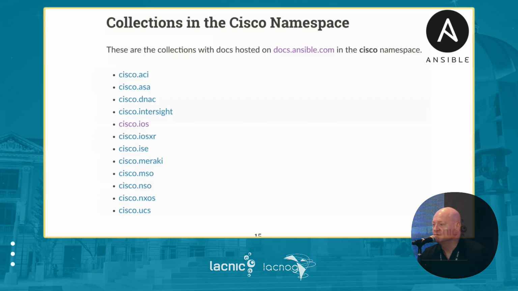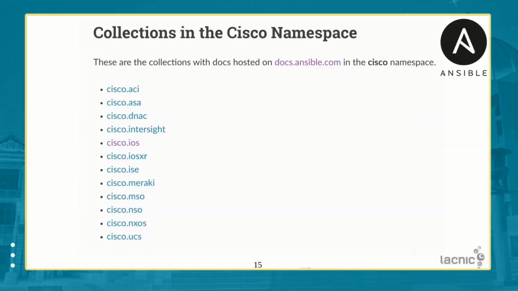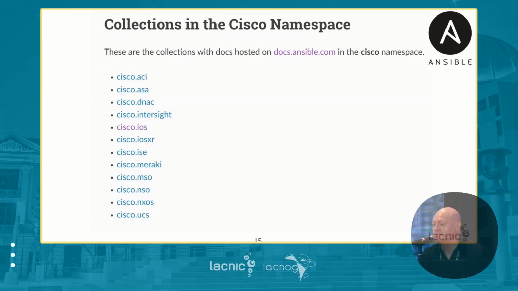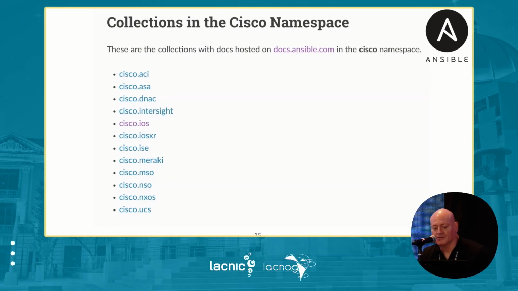How do we do that? Well, those modules or those collections could be the official collections, like the ones that we can see here. For example, those are available for Cisco. That is a list of Cisco devices. If I want to install on IOS, I will use the cisco.ios module.